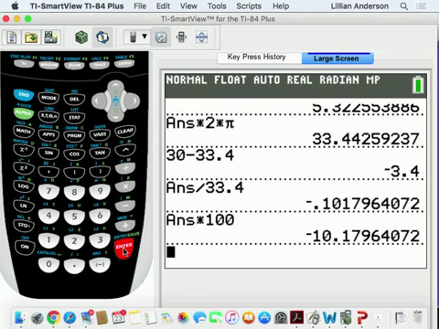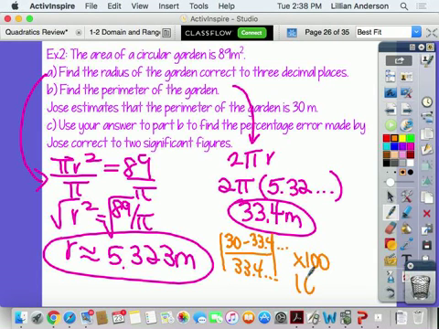Careful. Because we're rounding to two significant figures, that one means you keep the same. You don't round up. So it's actually 10. Which makes sense because 33.4 and 30 are pretty far from each other. Okay.